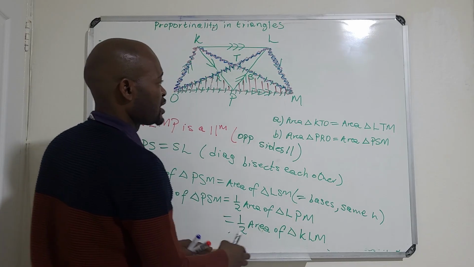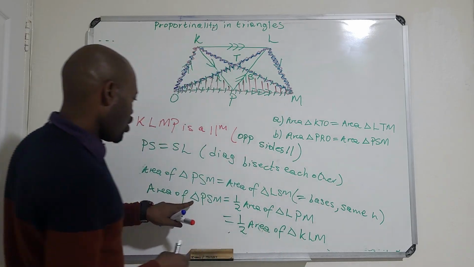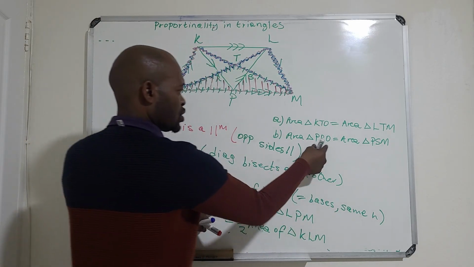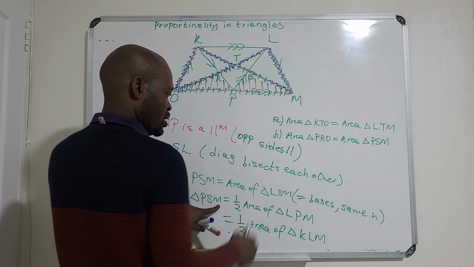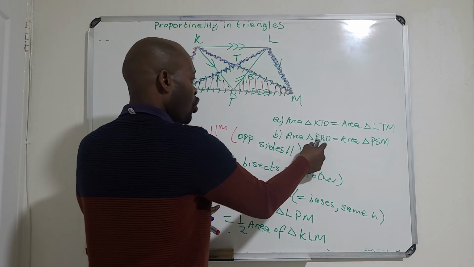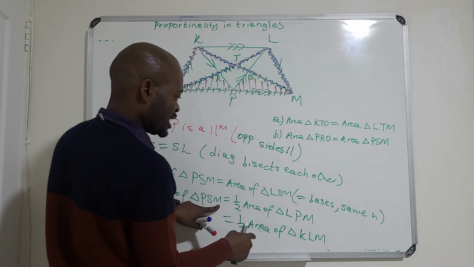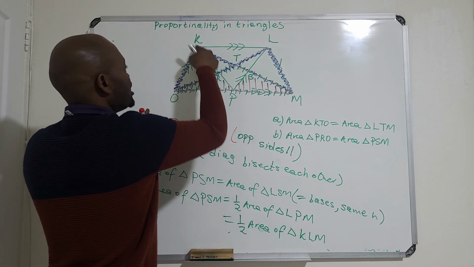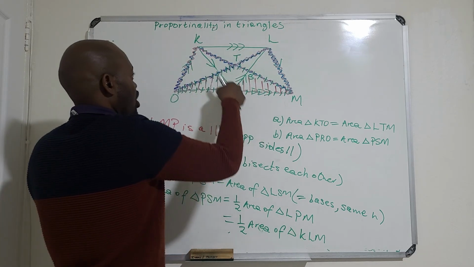Therefore, the area of triangle PSM is equal to the area of triangle PRO, since this is equal to half the area of this, and again half the area of that.